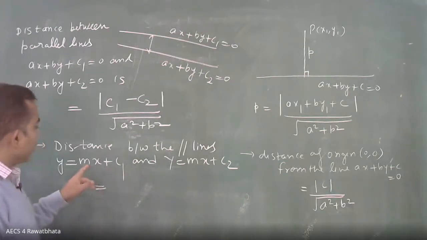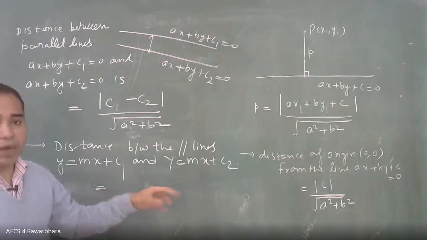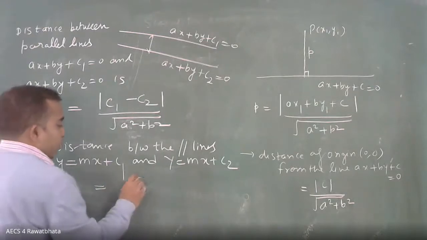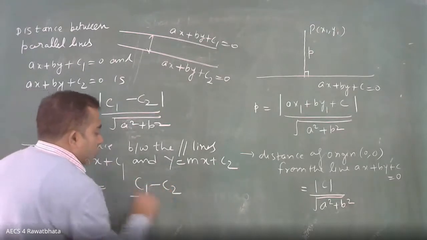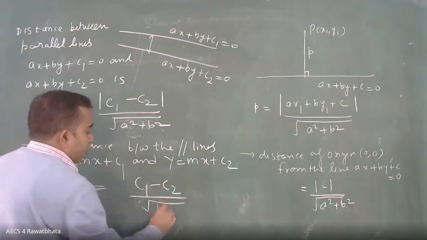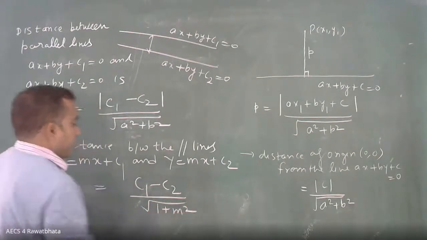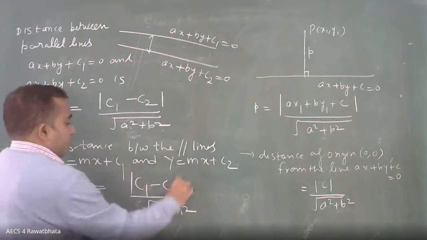Both x multipliers are the same, so they are parallel. Then the distance between them is c1 minus c2 whole divided by root of 1 plus m square. This becomes the formula, and take its magnitude.